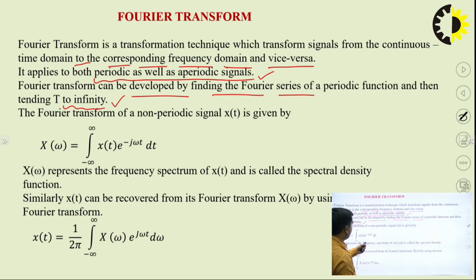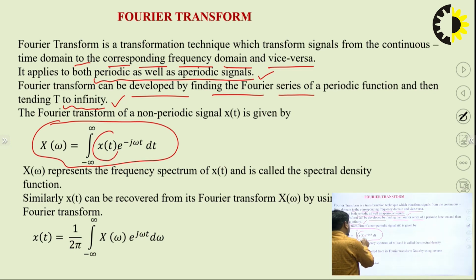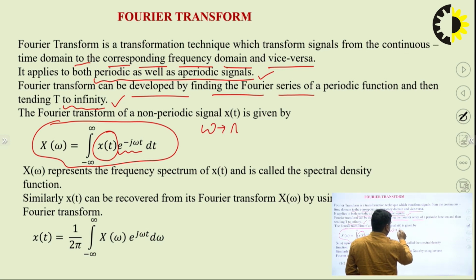The Fourier transform of a non-periodic signal x(t) is given by this: integral from minus infinity to infinity of x(t), the non-periodic function, multiplied by e to the power minus j omega t. Omega is the angular frequency.